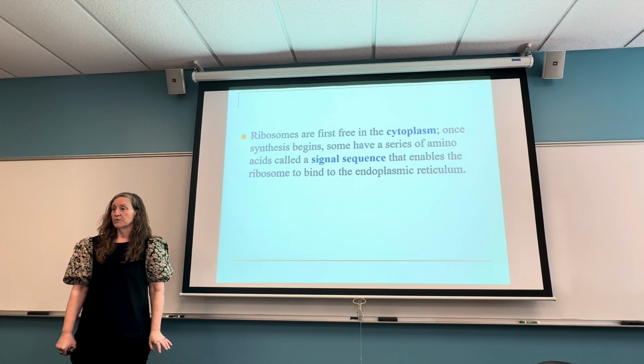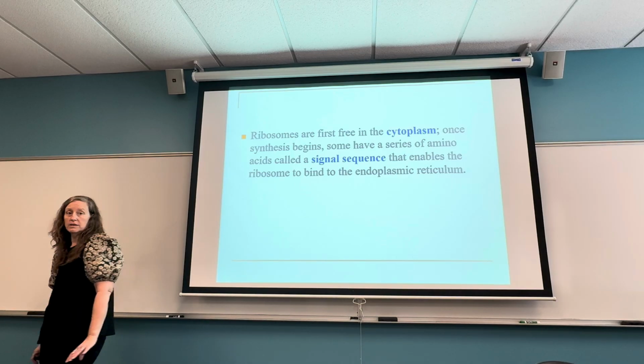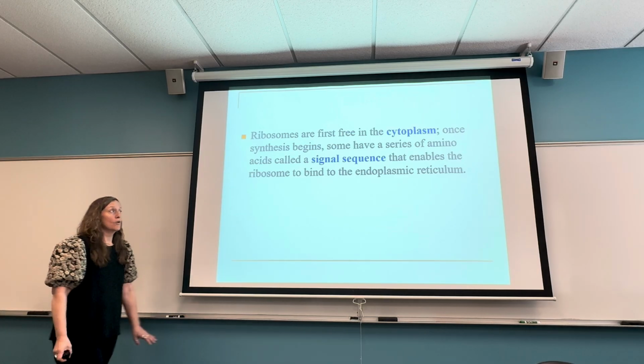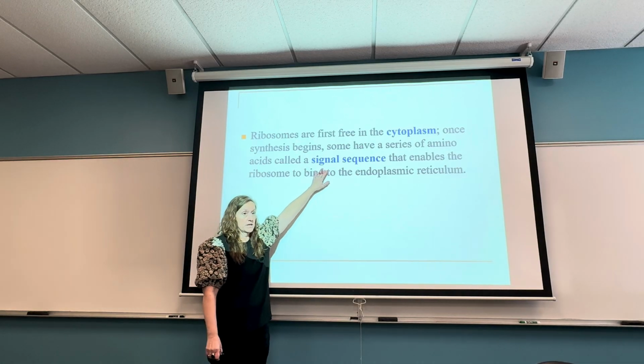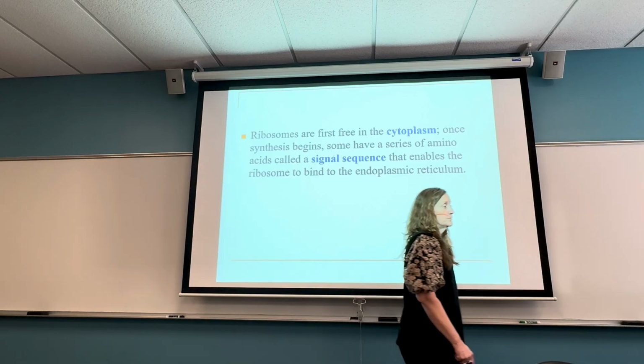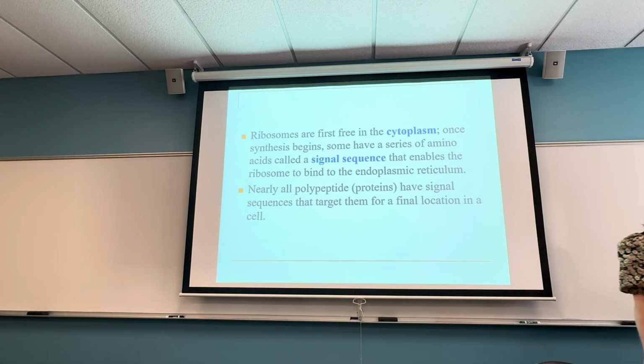The signal sequence that is found near the start codon of the DNA instructions, which is then again translated into an mRNA transcript, knows where to go because of the signal sequence on the endoplasmic reticulum. Almost all protein sequences have this signal sequence that says, this is where I'm going, this is where I'm going to be used in the cell, and it has that information.